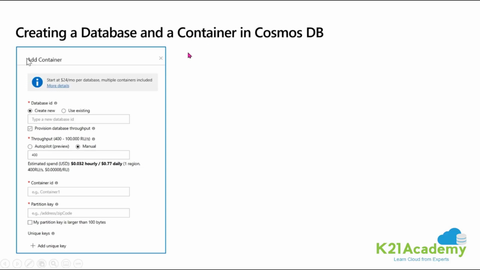So container is equal to table, and rows are equal to documents. Container is equal to table, and rows inside a table are equal to documents inside a container. Remember that. And database is equal to database. So we create databases, we assign the throughput there, we specify the containers, and these containers have some partitions, and inside that we store our data in some manner, like documents.